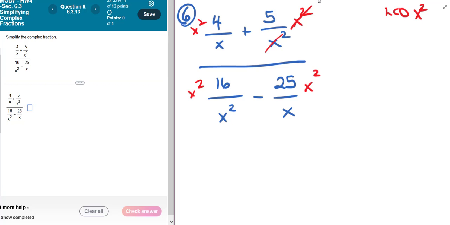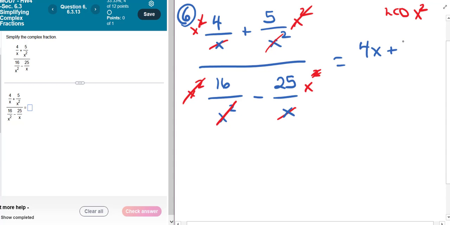So these go out. One of these goes out. These go out. And this one goes with one of these. So now we'll put it back together. So we have 4x plus 5 over 16 minus 25x.